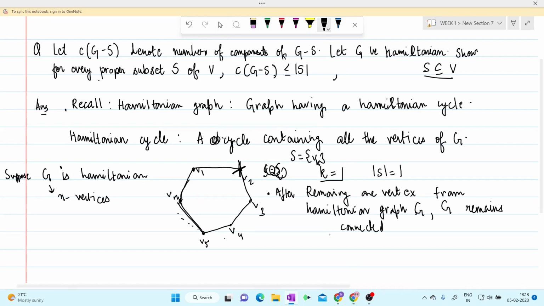Yes, for k equal to 1 this is true, because if we remove V2, we see that all the other pairs are connected. By removing V2, the connectedness of the graph is not affected, because to reach V1 and V3 we can go from the other arc, and the connectedness of the rest of the pairs is unchanged.